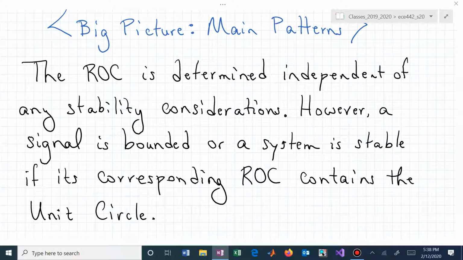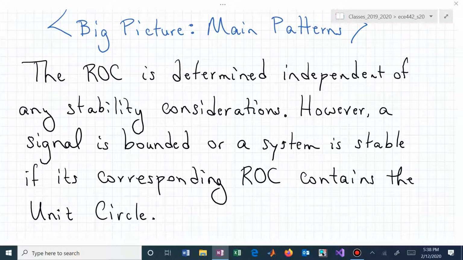The region of convergence is determined independent of any stability, if that's how you want to think of that time sequence. Is it stable or not? Is it bounded or unbounded? Versus what the region of convergence looks like. However, they are connected.